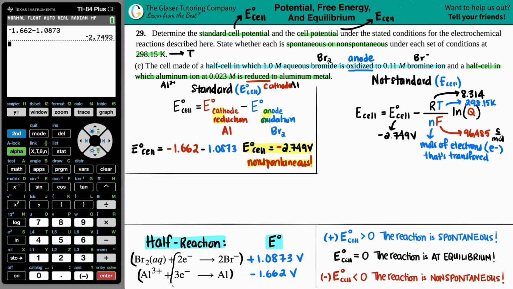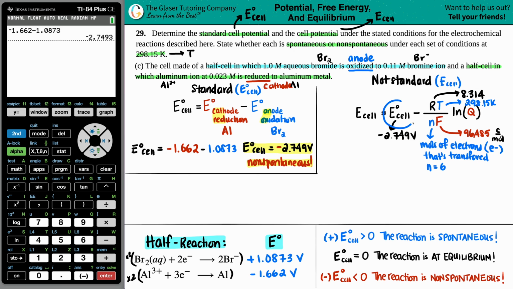The next lowest number that 3 and 2 have in common is 6. Technically, I can multiply the first one by 3 and the second equation by 2. Then each would have 6 electrons, and that's the number of electrons that were transferred. So just be careful on that. Our n here is 6.